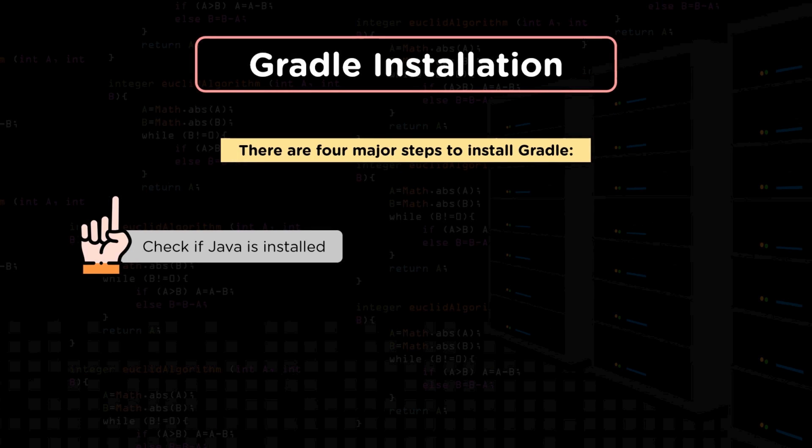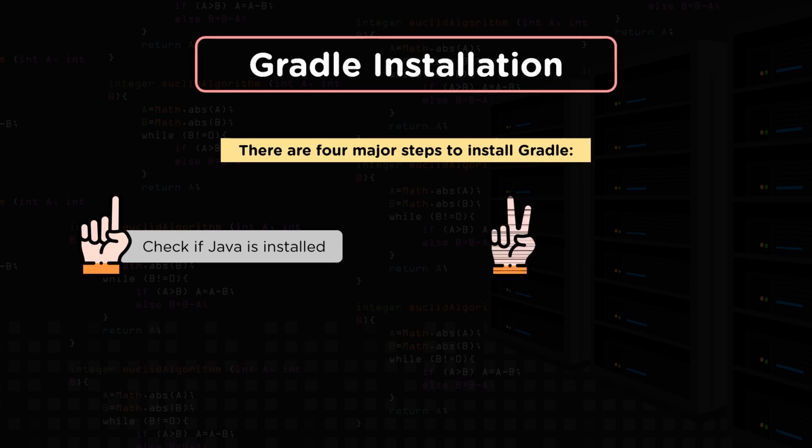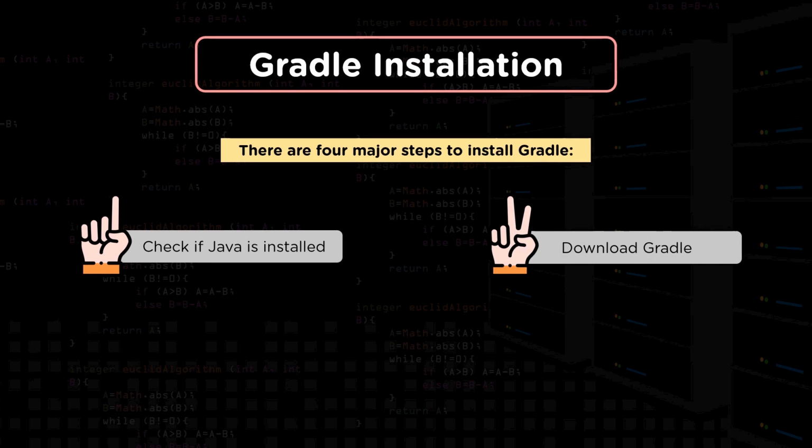If Java is not installed, you can go to OpenJDK or Oracle Java, and install the JDK on your system. JDK 8 is what you can most commonly use nowadays, so you can install that. Once Java is downloaded and installed, then you have to download Gradle.